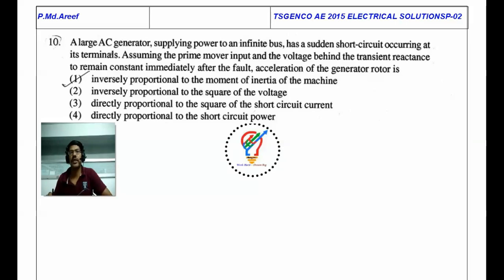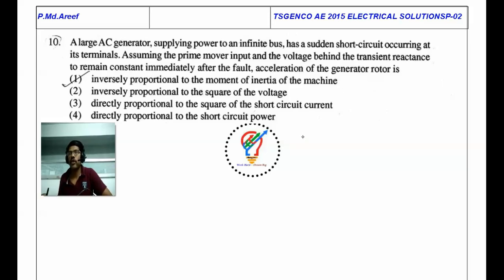The next question is: a large AC generator supplying power to an infinite bus has a sudden short circuit occurring at its terminal. Assuming that the prime mover input and the voltage behind the transient reactance remain constant immediately after the fault, the acceleration of the generator rotor is.